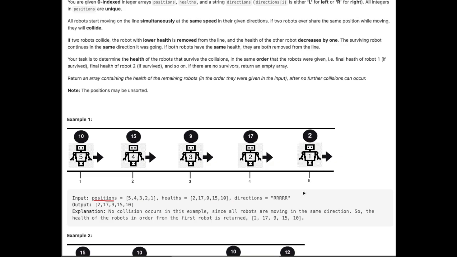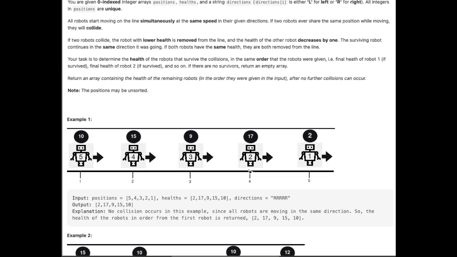So now we have a bunch of robots, and each robot has a position, a health, and a direction. What the problem is asking is, if they go left, and some of the robots will go left and some of the robots will go right.